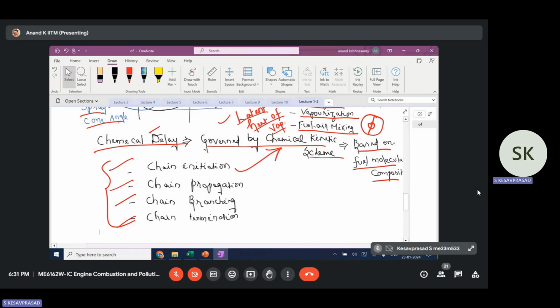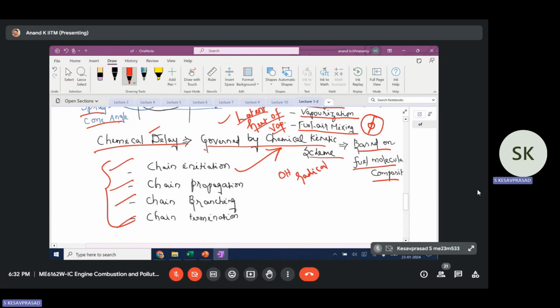So in an optical engine, you can take images of the combustion event. You can track the combustion event. It provides a better analysis of the combustion event, because you can record and analyze the images to see how the combustion is happening. One of the important pieces of information you derive through optical engine analysis is that we track the OH radical. OH radical formation is an indication of start of combustion.